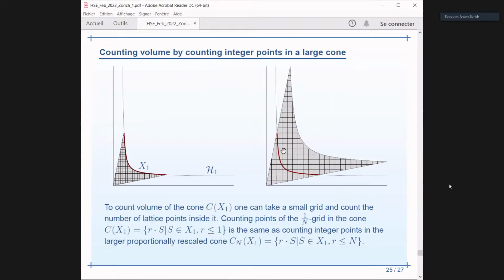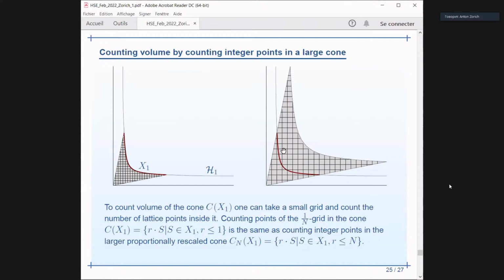And now recall that our problem is to compute the volume of a unit ball or, rather, of a unit hyperboloid. And our volume is just the naive Lebesgue volume. So how do we compute integrals? We make a small mesh, we count the number of points in this small mesh, and then we pass to the limit.